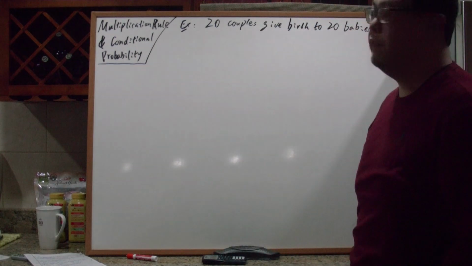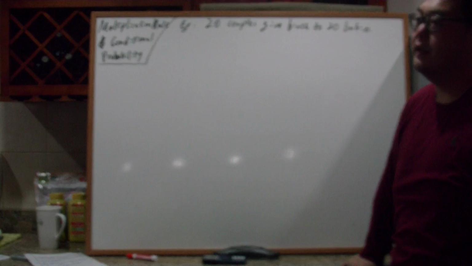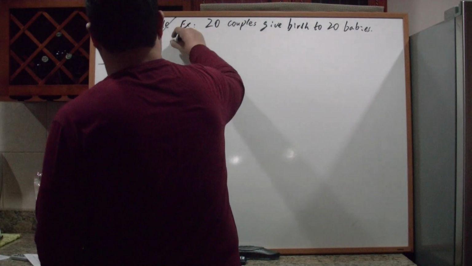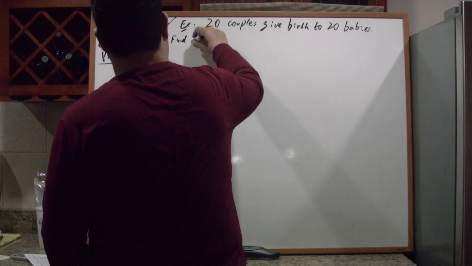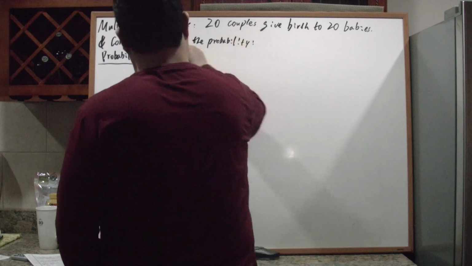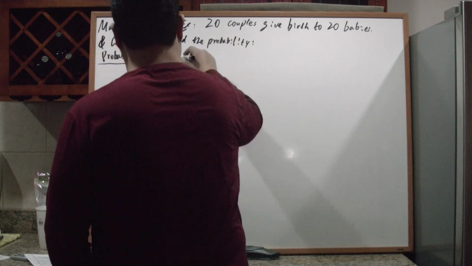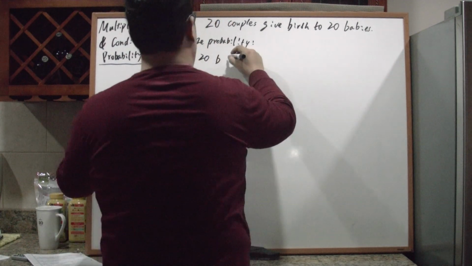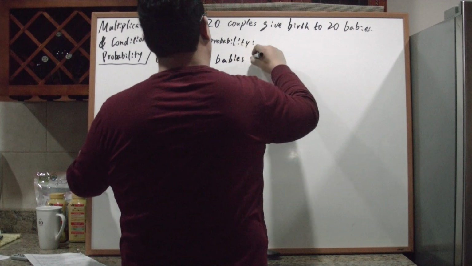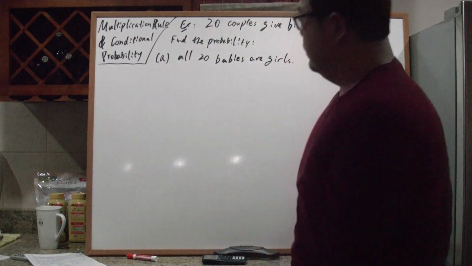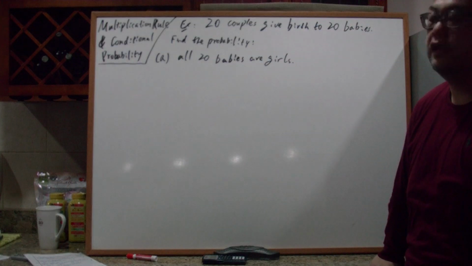Right, 20 couples give birth to 20 babies. Of course, assuming it's equally likely to get a boy or a girl. Find the probability that all 20 babies are girls.